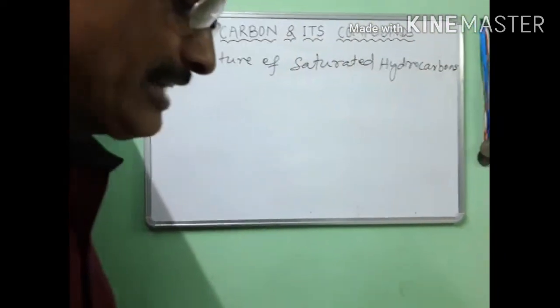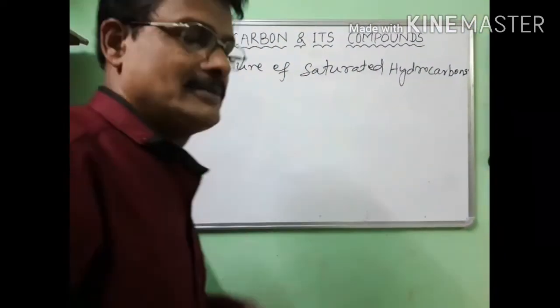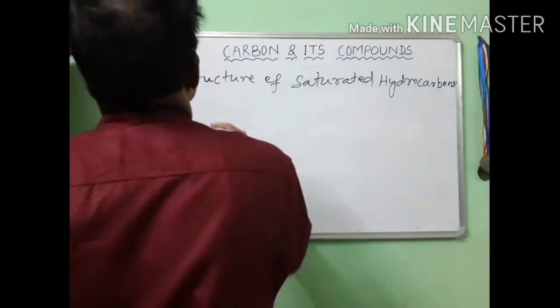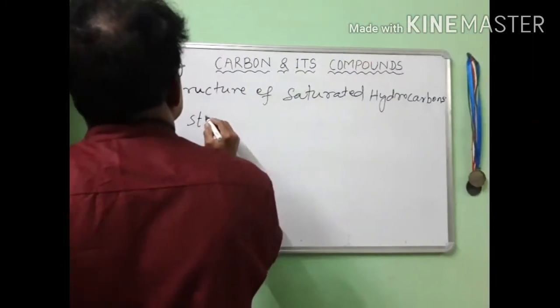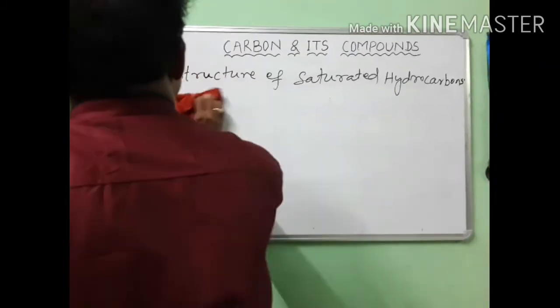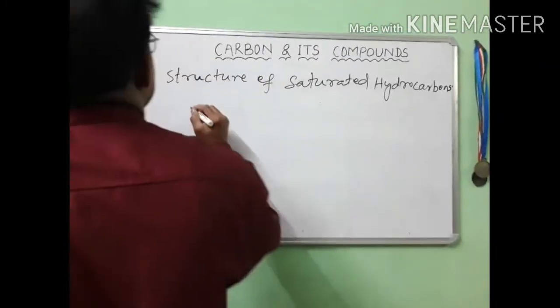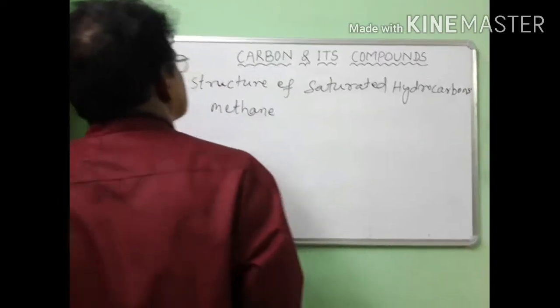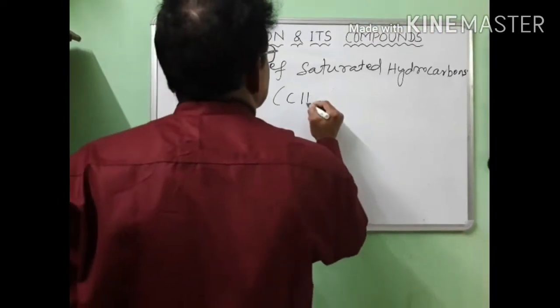Structure of saturated hydrocarbons. First one is methane. The formula is CH4.